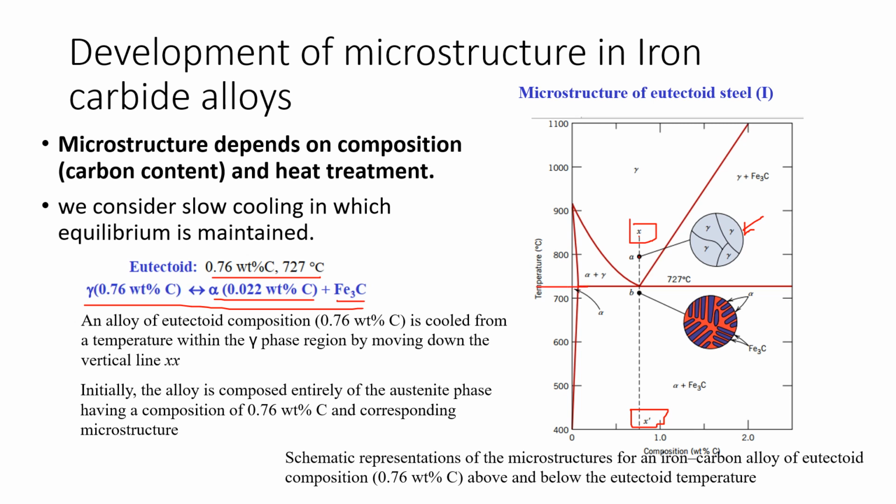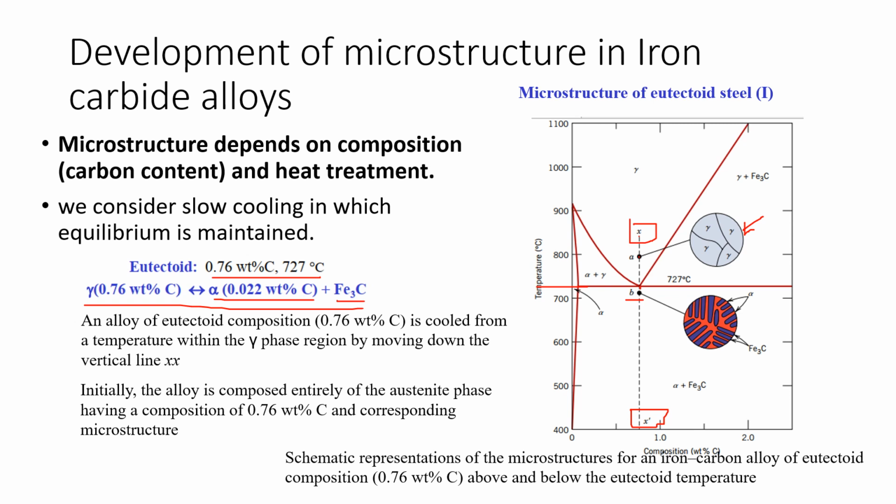This structure will remain the same until we cross the isothermal temperature, which is 727 degrees centigrade. But as soon as this point is crossed, the austenite region begins to decompose into alpha ferrite particles and iron carbide.